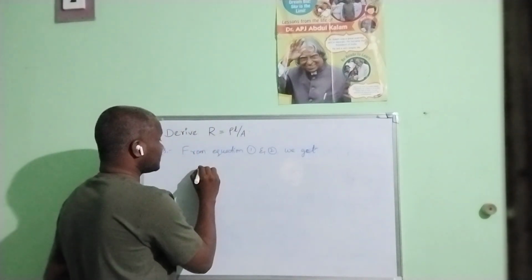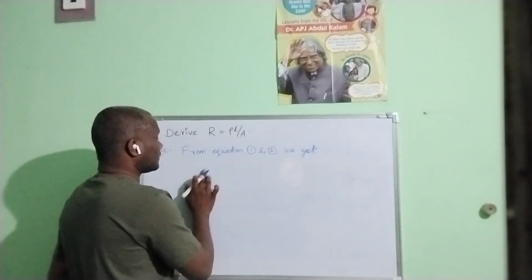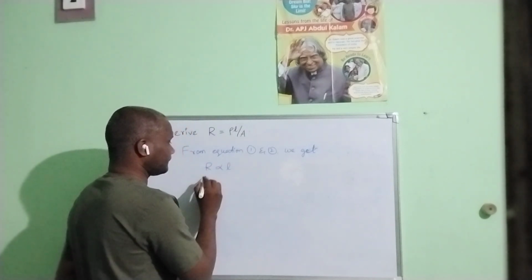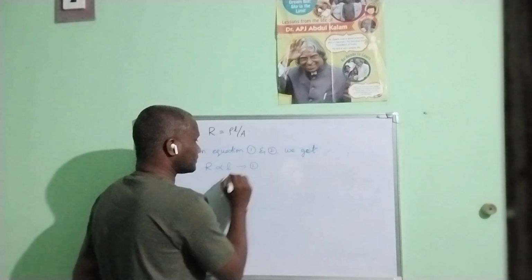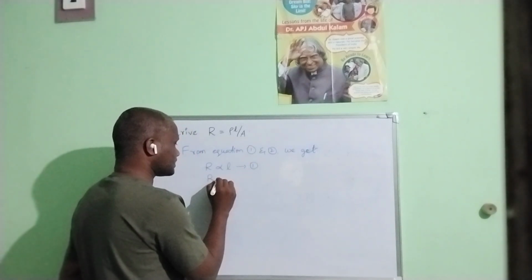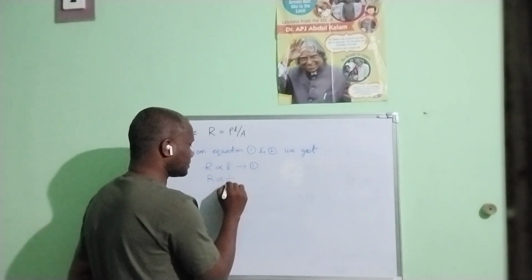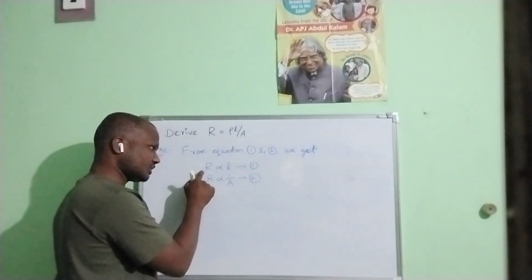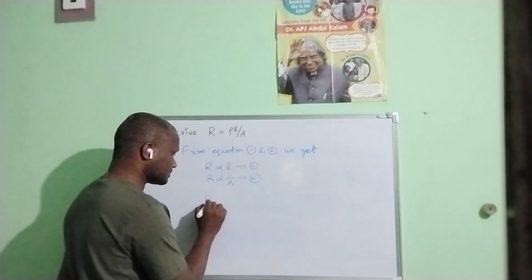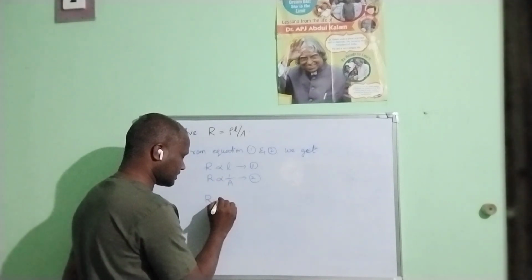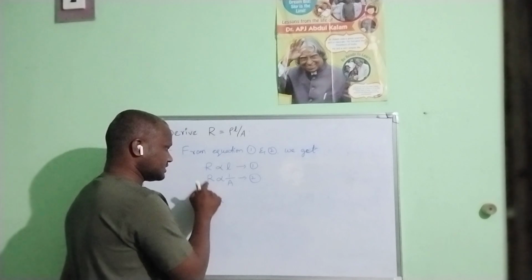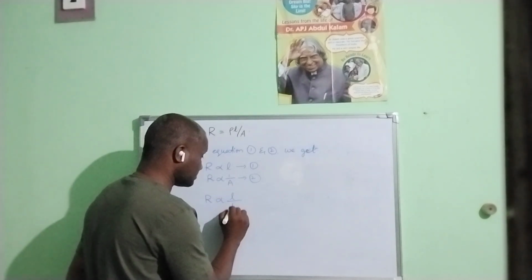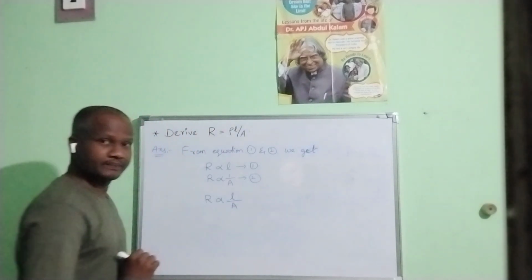Equation 1 is nothing but R is directly proportional to L. This is equation 1, and equation number 2 is R is directly proportional to 1 by A. If we observe equations 1 and 2, resistance is common. Resistance is directly proportional to L and inversely proportional to area.